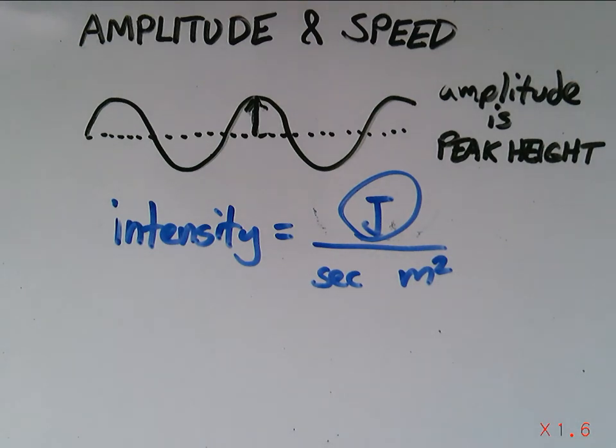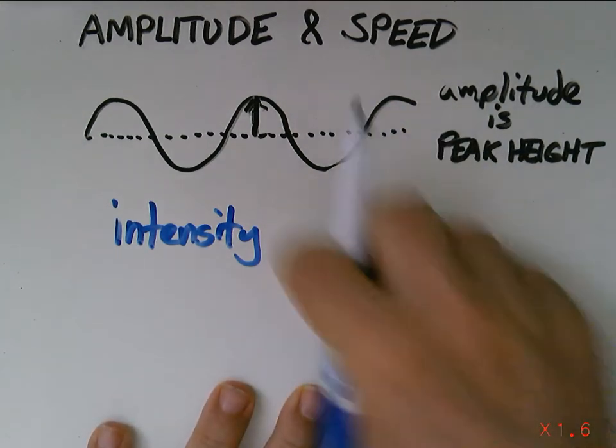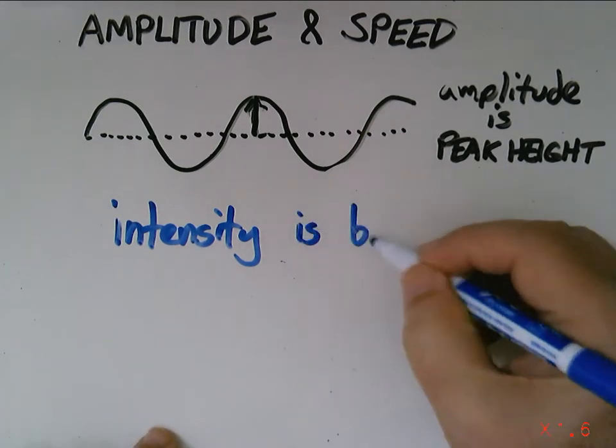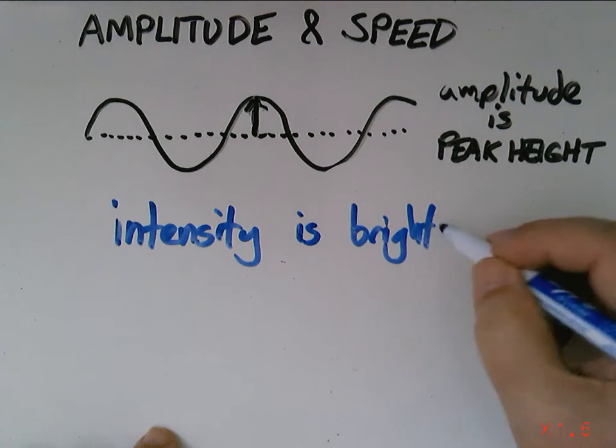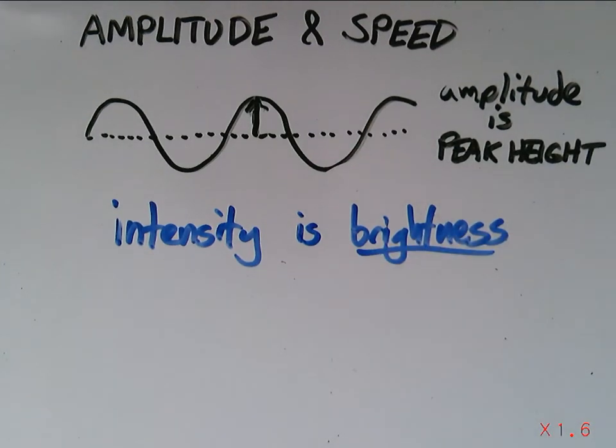Now when we're talking about an electromagnetic wave, like light, intensity is brightness. So when you have brighter light, that's more intense light.